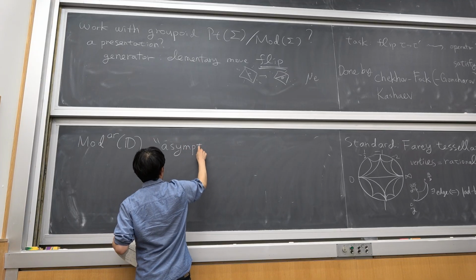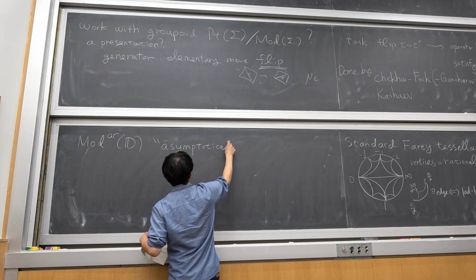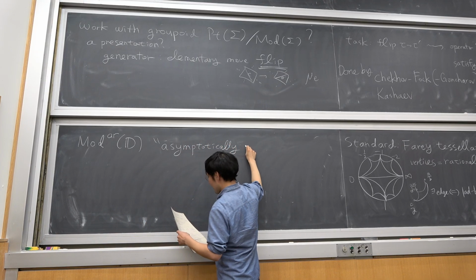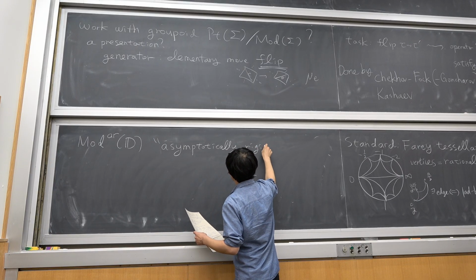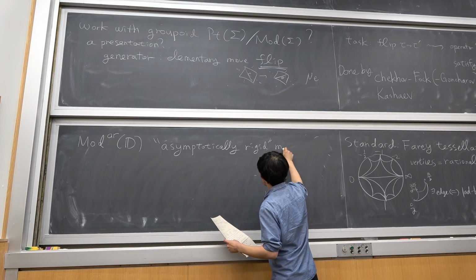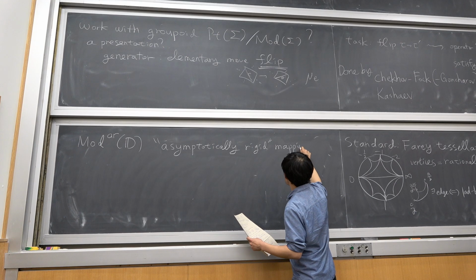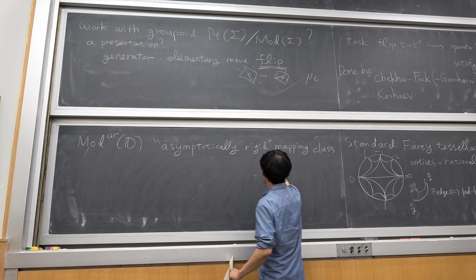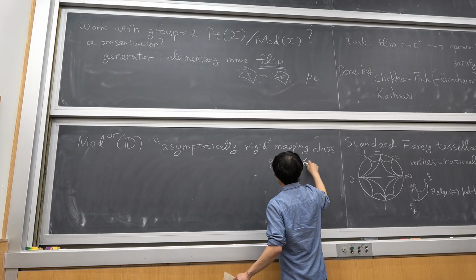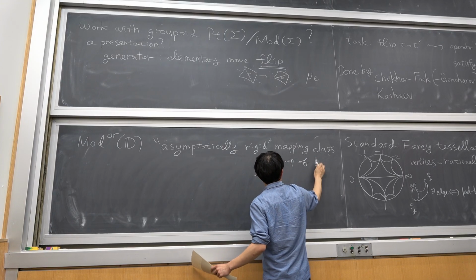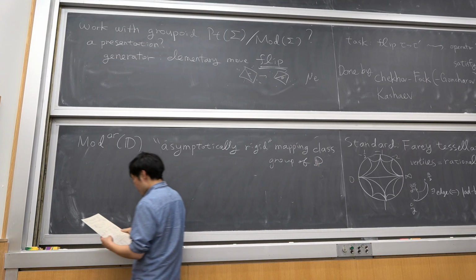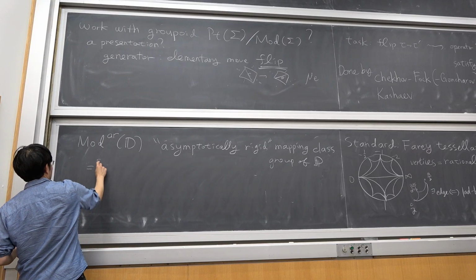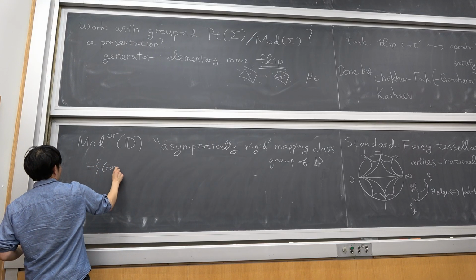This is not how Penner formulated it. This is from a later formulation by Funar and Sergiescu. The mapping class group of the unit disk. And by that I mean, orientation preserving.